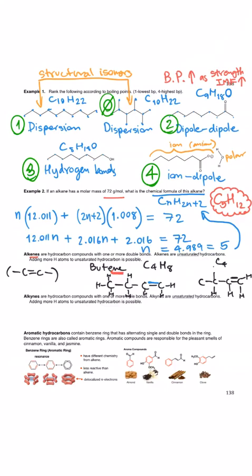Now if I want to introduce 1 more, you can see that either the double bond right here or right here, I will need to eliminate 2 more hydrogen. If I put it right here, I need to eliminate these 2 hydrogen. If I put it right here, I need to eliminate these 2 hydrogen.